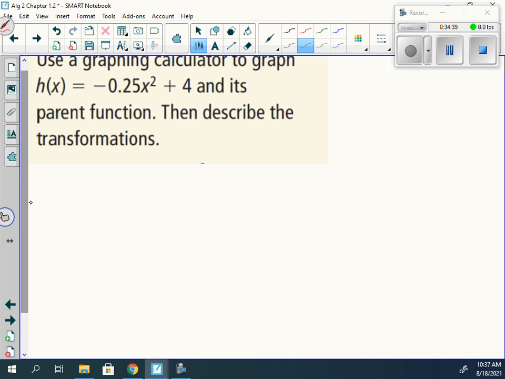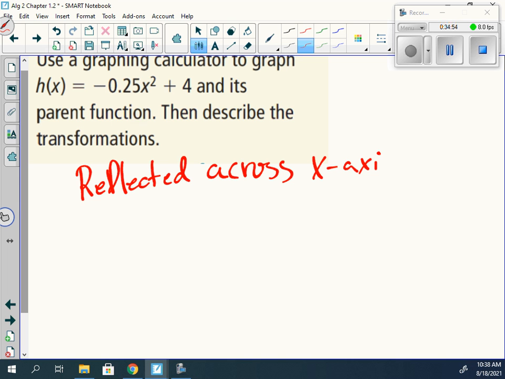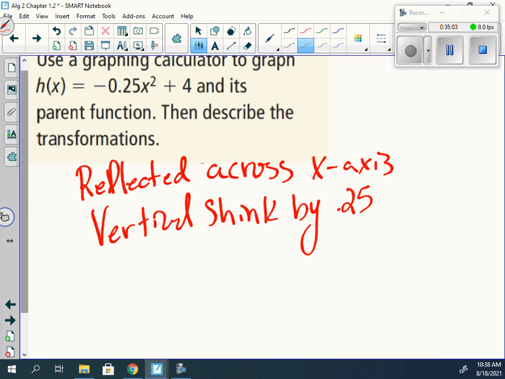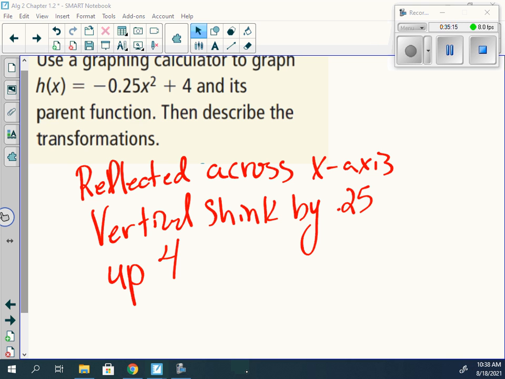So this one here is a quadratic. What else do we have? Vertical shrink by 1/4 or 0.25, and the 4 is inside parentheses. So left and right is really only dealt with if it's inside the parentheses.